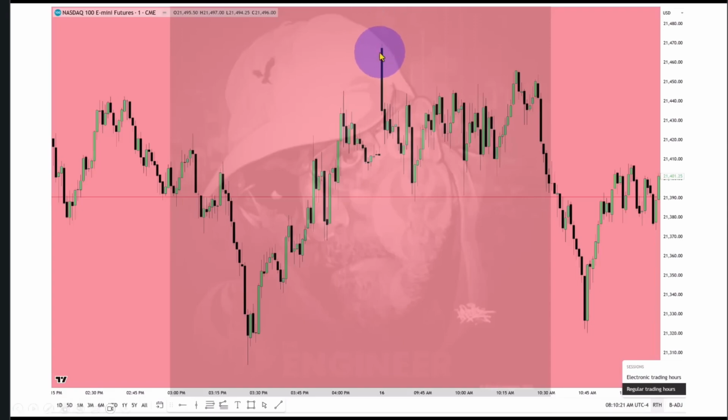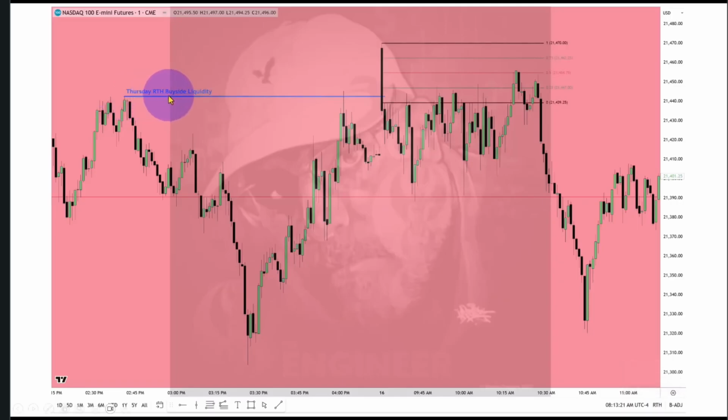Simply stated, we have a very high premium opening here. But if you're looking at regular trading hours, you're going to see that they opened it up above regular trading hours relative equal highs. So in here, we have Thursday's regular trading hours buy side liquidity. And now looking at this right there, this is your first presented fair value gap, because it's done a raid on previous regular trading hours relative equal highs.